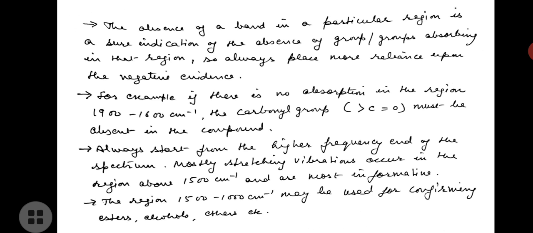For example, if there is no absorption in the region 1900 to 1600 cm⁻¹, the carbonyl group, that is C=O, must be absent in the compound.